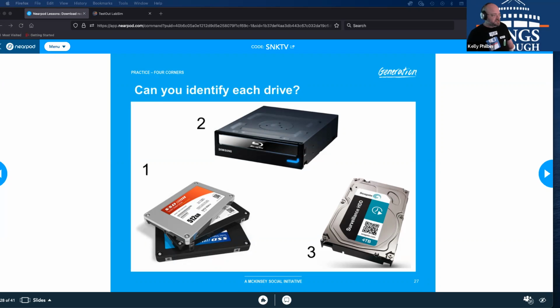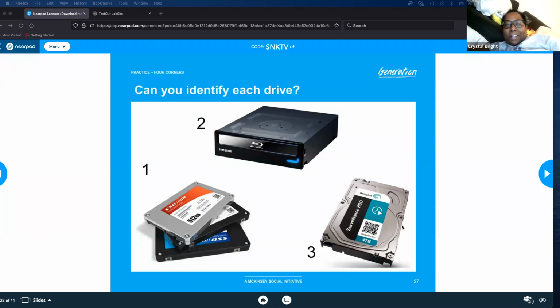Crystal, can you help me out with number three? What are we looking at there? This one is an HDD drive. Okay. What's another name for that?